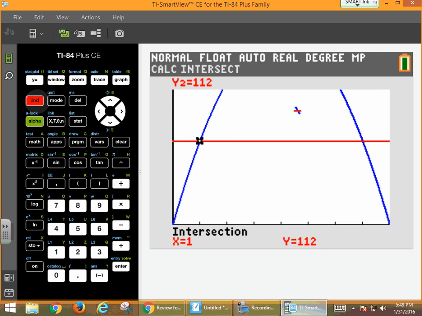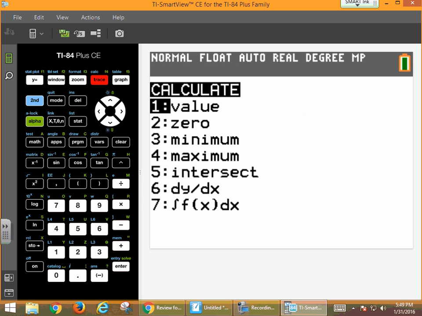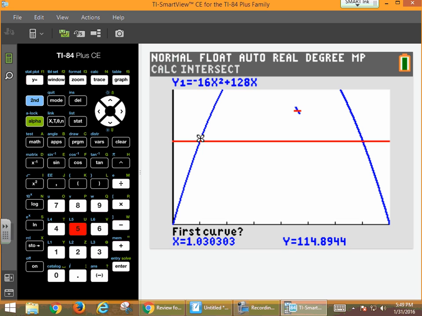The second one, if I go second, calculate, intersect. First curve, second curve. And now I need to guess again.